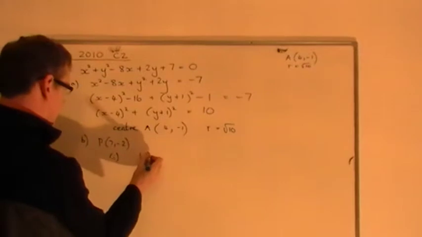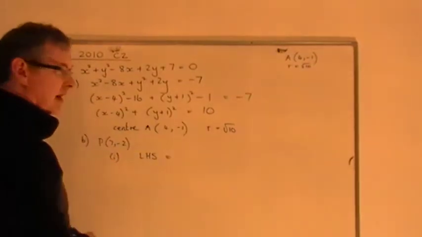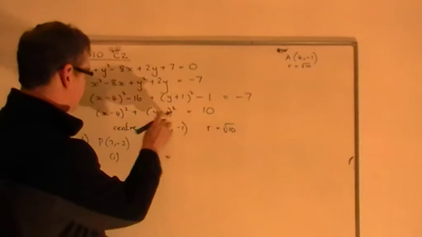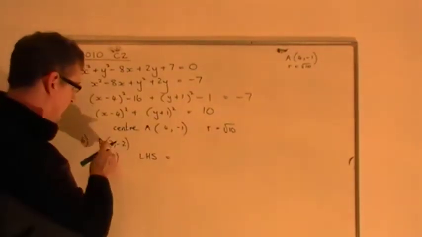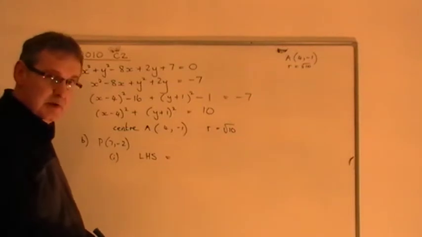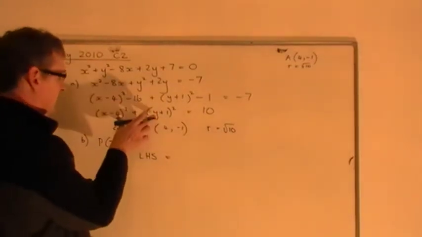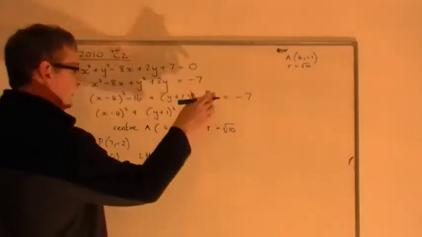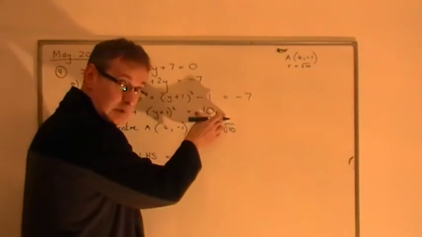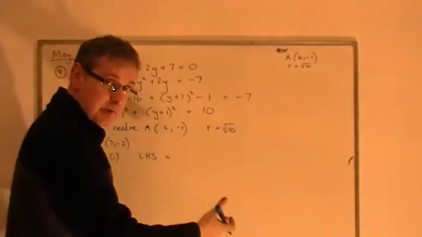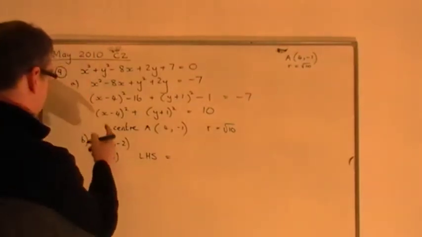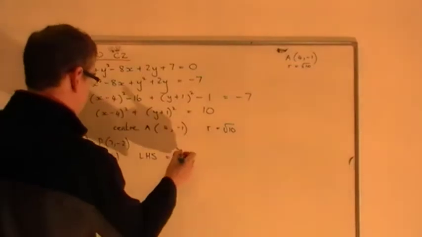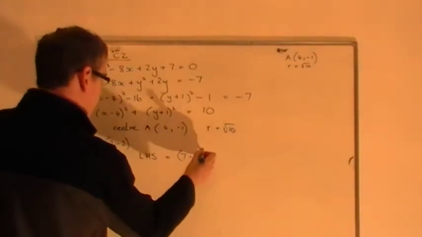If I take the left hand side of the circle and I work out what the left hand side will give at 7 minus 2, in other words when x is 7 and y is minus 2, if I substitute those values in and work it through, I hope I'm going to get the answer 10, because if that is so, then the left hand side will equal the right hand side, and so therefore point P must lie on the circle.